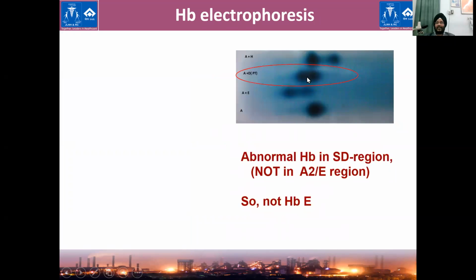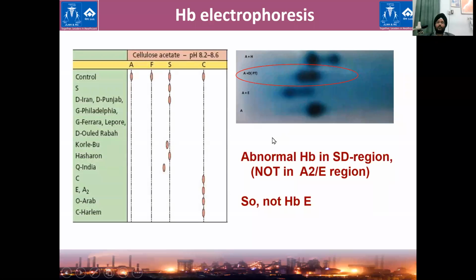This patient had an abnormal hemoglobin in the region of D. This is A, this is H, this is A, this is D. So the patient has an abnormal hemoglobin in the region of D. On HPLC it looks like HbA2 raised, could be HbE, but on electrophoresis, it co-elutes in the region of D. So what are the hemoglobins which come in D? It is D Punjab and D Iran on electrophoresis. So could it be D Iran?